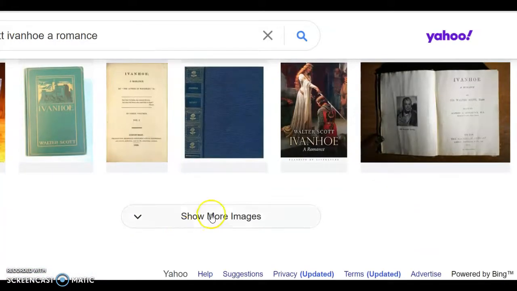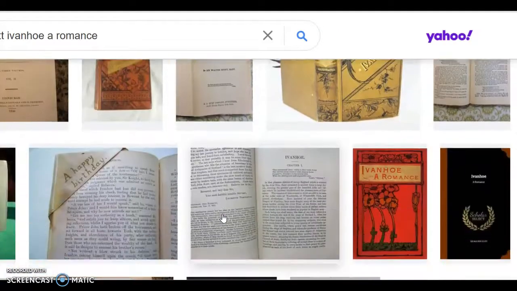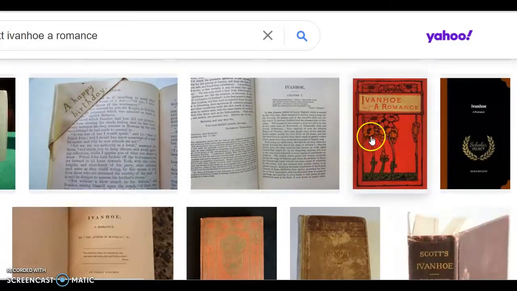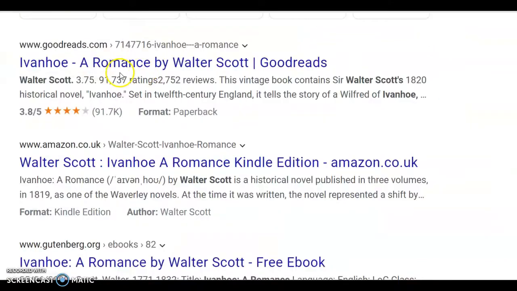So the Romance idea. The Romance, set in 12th century England.